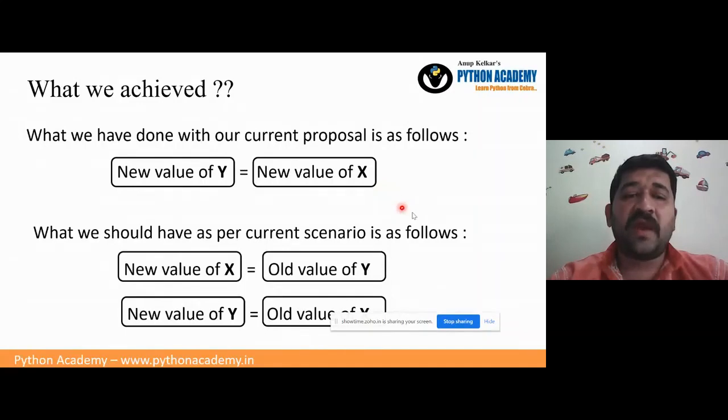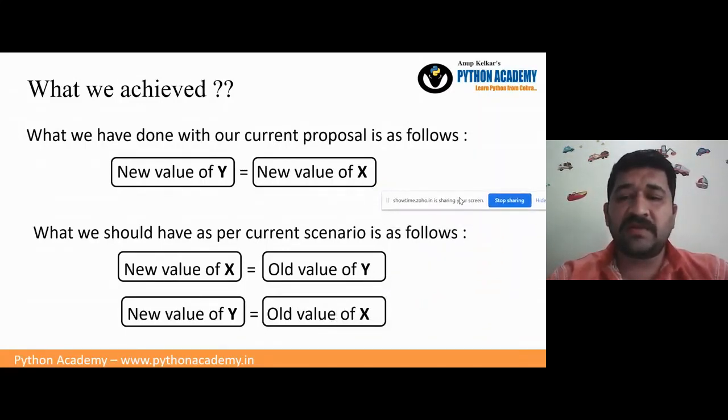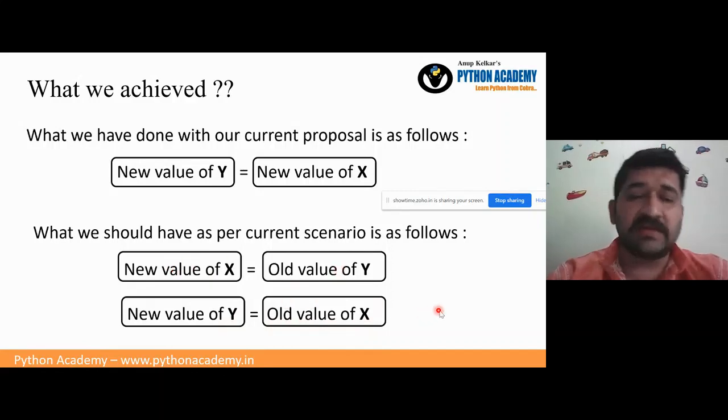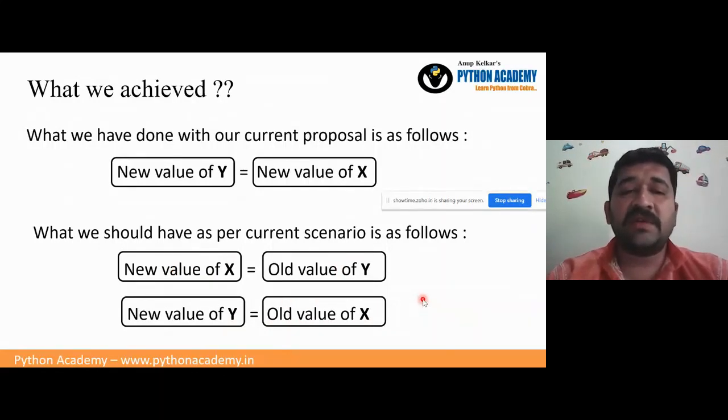But what we should have, as per the current scenario, I am writing in a separate format: the new value of x should have the old value of y, and the new value of y should have the old value of x. By writing, it seems yes, that is the point we want. But we have seen that using these two variables, I achieved the same, saying x is equal to y, y is equal to x, but I got the wrong answer.